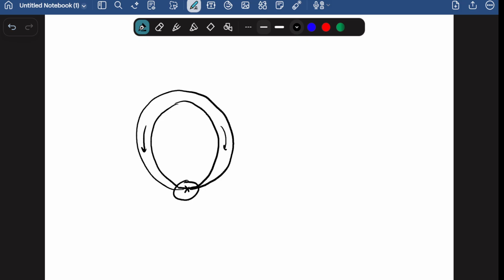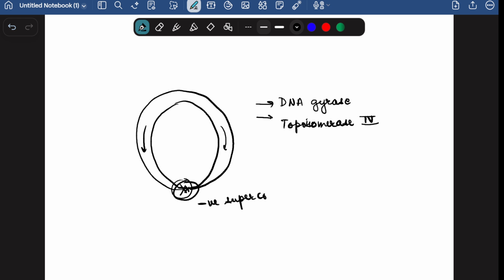So now how can we do this? Basically there are two particular enzymes which come, one of them being DNA gyrase, that is the DNA topoisomerase, which I already talked about, and the second one is topoisomerase type 4. These two enzymes cut these strands and then induce the negative supercoiling so that the strands can get relief.